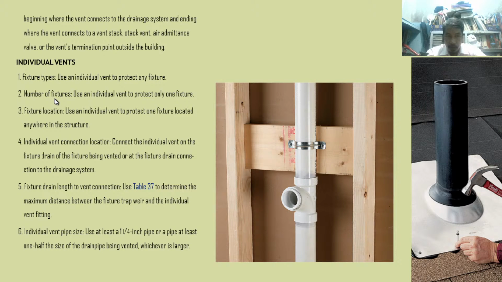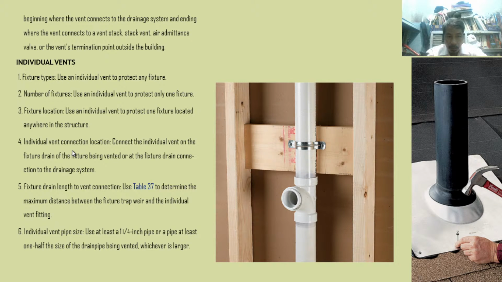One fixture, one vent. Fixture location: use an individual vent to protect one fixture located anywhere in the structure. And then individual vent connection location. These are all for the individual vent; this provision is only for individual vent.